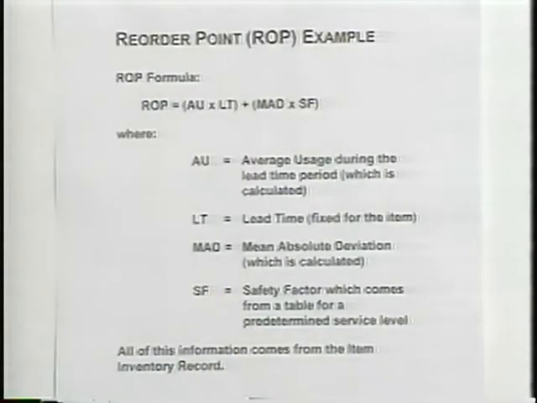Now, if you turn to page 11C, we're going to walk through an order point or reorder point example. Up on the top of the page, I've identified the reorder point, and I've also indicated the definition of the various items that are found in the reorder point formula.